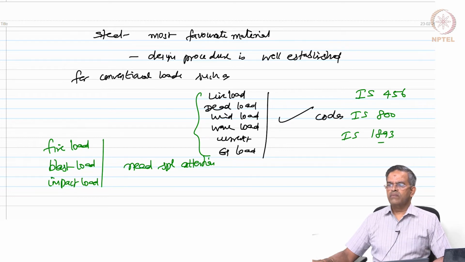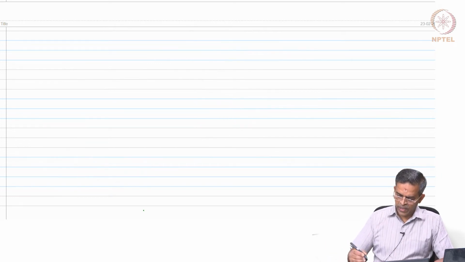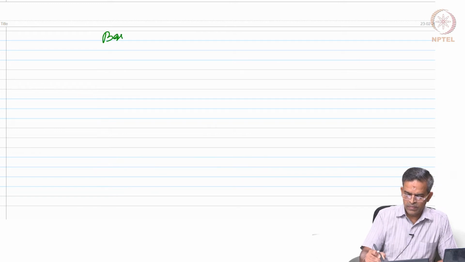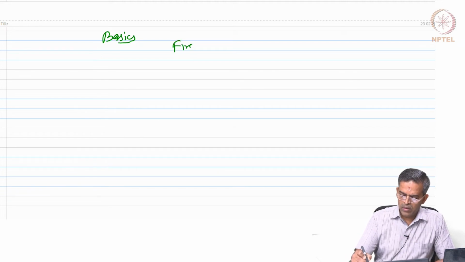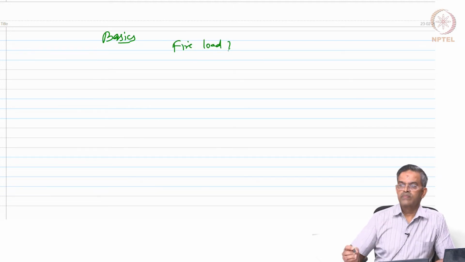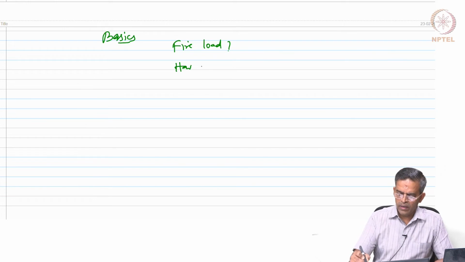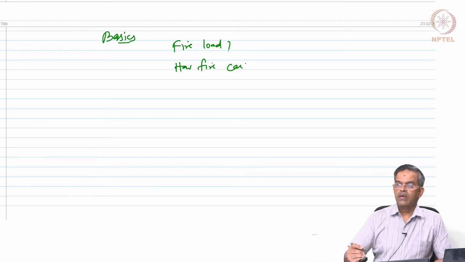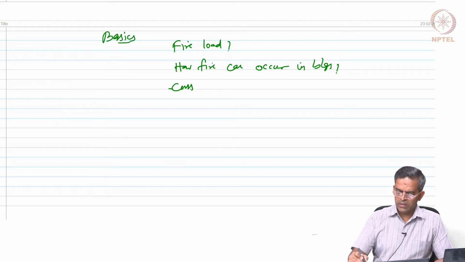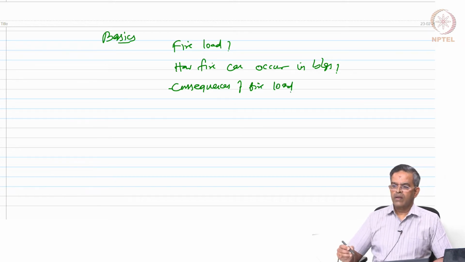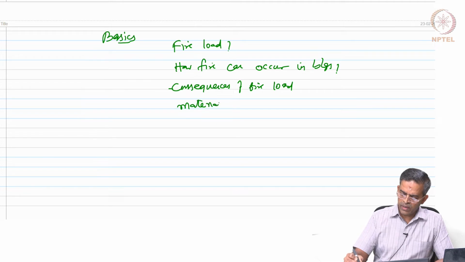So, let us see what are the basics of fire load. So, we would like to learn what is a fire load, how fire can occur in buildings, what are consequences of fire load, and how material behaves under fire.